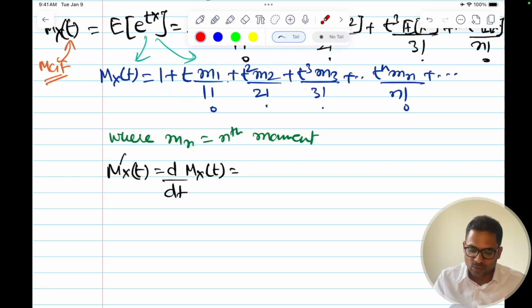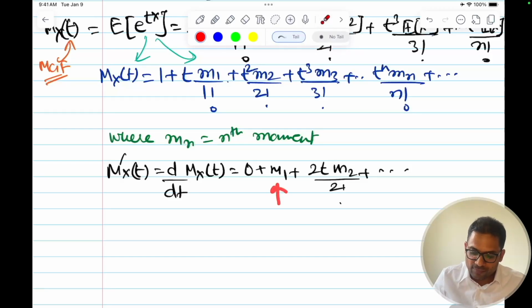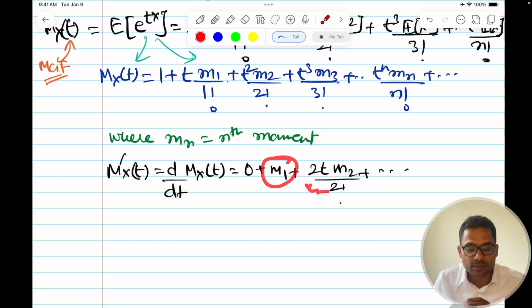The derivative of t becomes 1, and this m1 stays as it is. So this gives 0 plus m1. The t square gives 2t, m second moment by 2 factorial, plus so on, and there will be more higher terms of t. I have differentiated one time. This is my first derivative, M dash x, and the first moment remains. The rest of the terms have t.